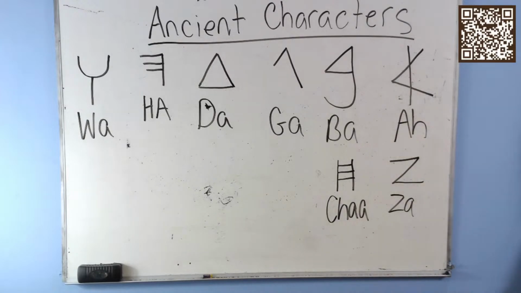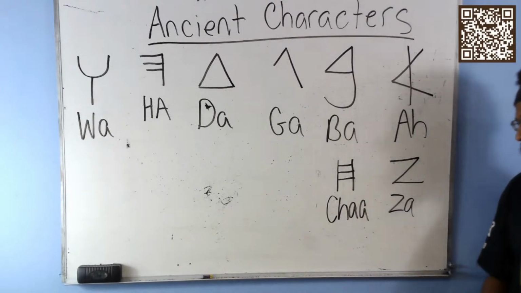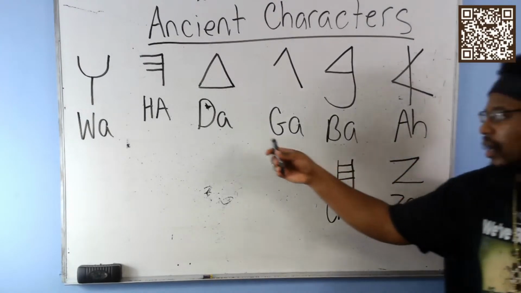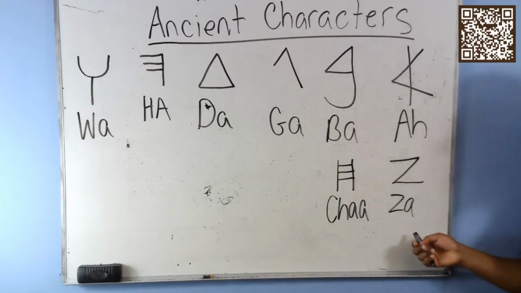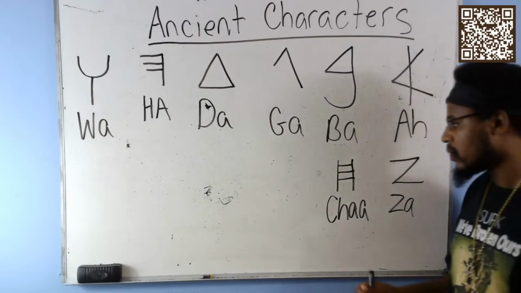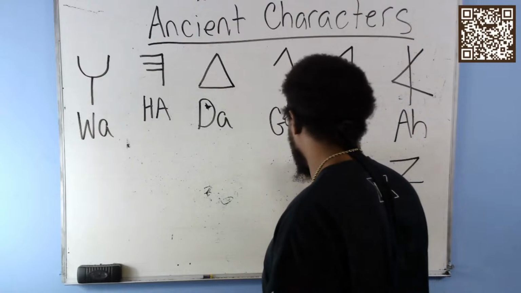We got Cha. So we got A, Ba, Ga, Da, Ha, Wa, Za, Cha. And we got Ta.